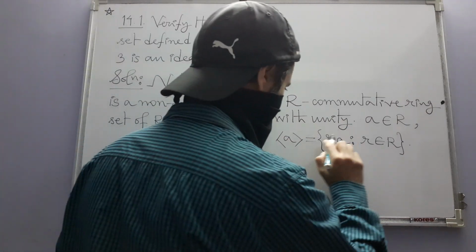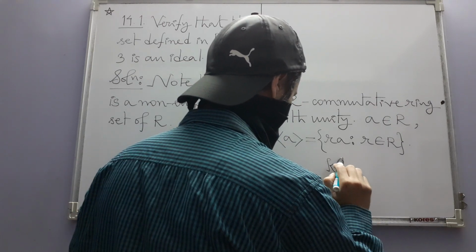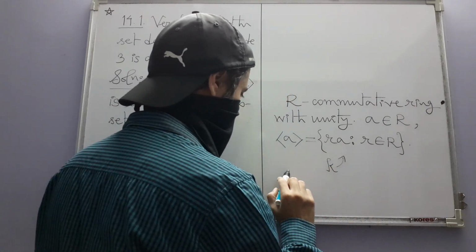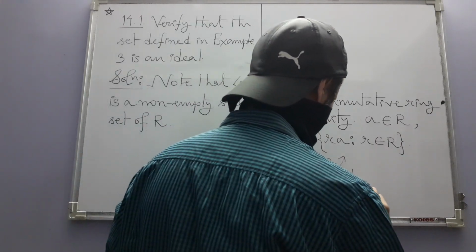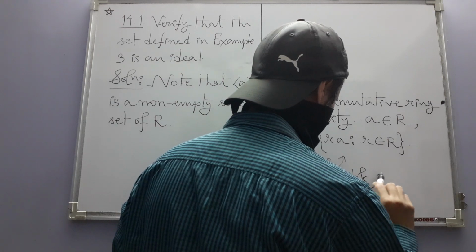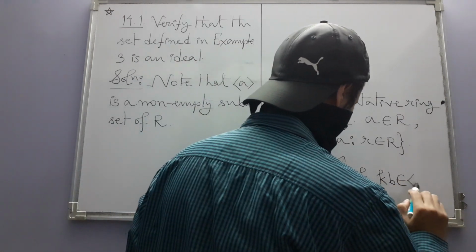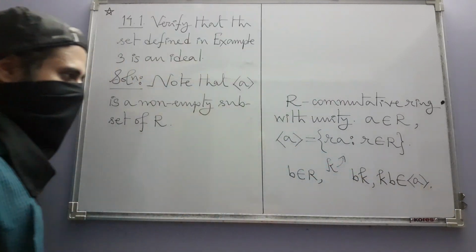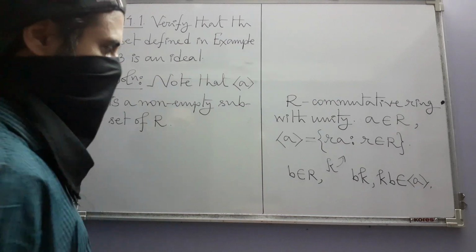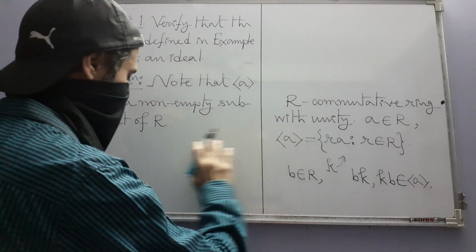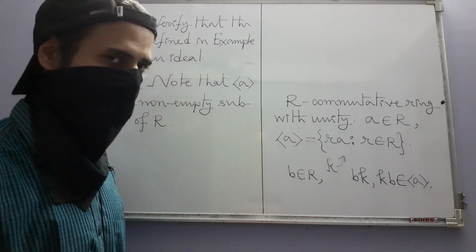That is, you take any element from here, say K, and any element, say B, in the ring, then both the products BK and KB should belong to this subset. Okay, so if all these conditions are satisfied, then this will be an ideal. So let us first verify that this is a subgroup of R under addition.